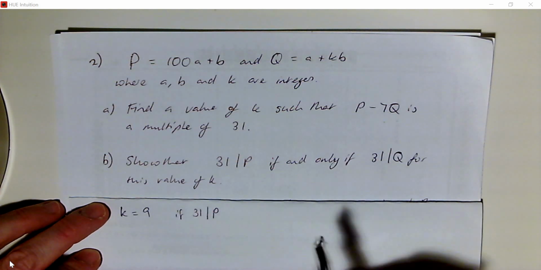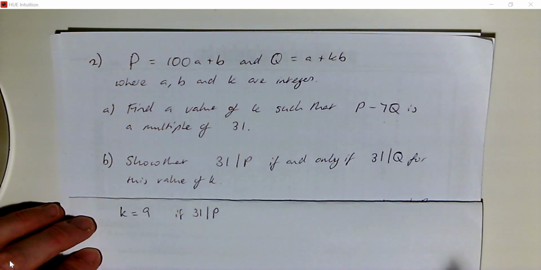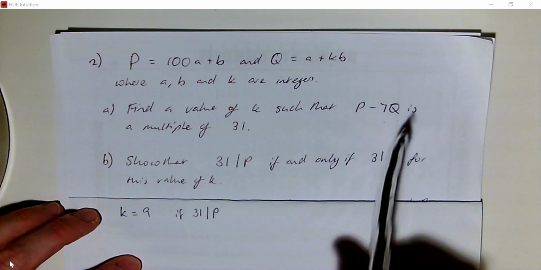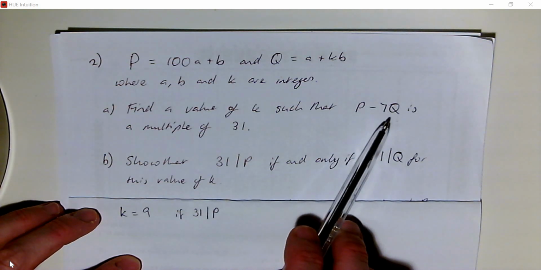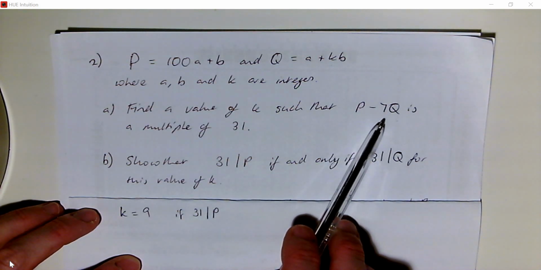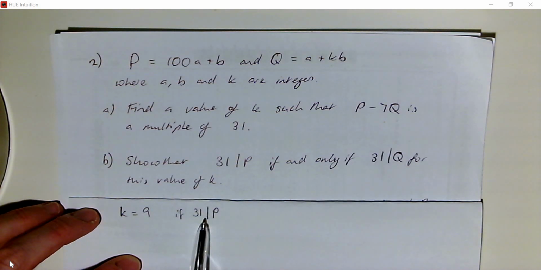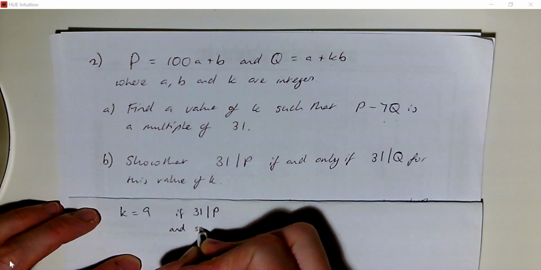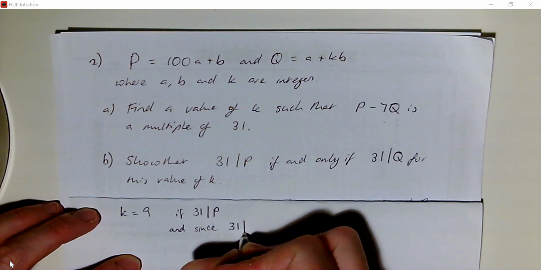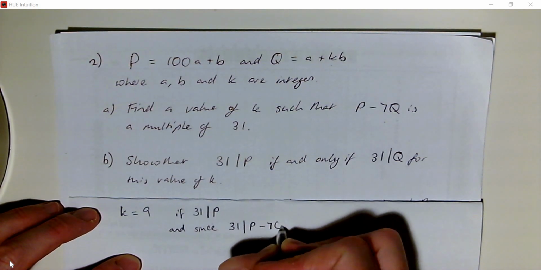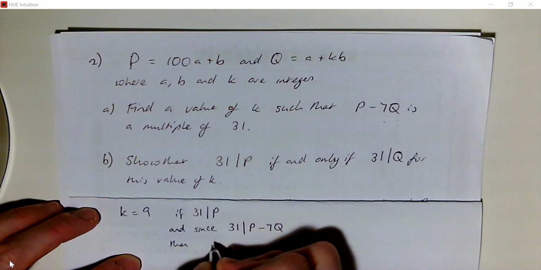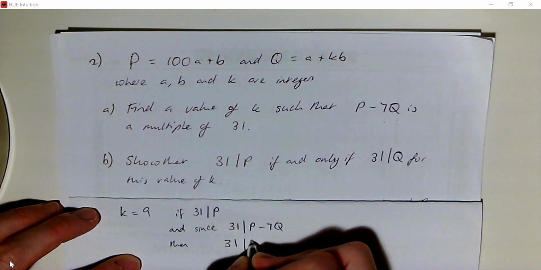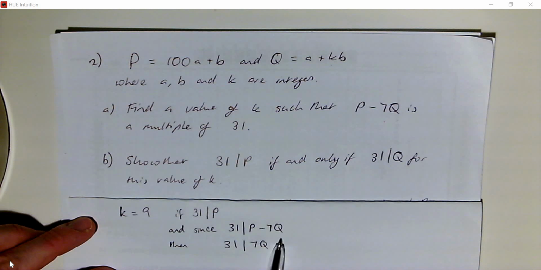And if we think about what we had before, so our expression is p minus 7q, we know that if 31 divides p, and since 31 divides p minus 7q, then 31 must divide 7q for that to be true.